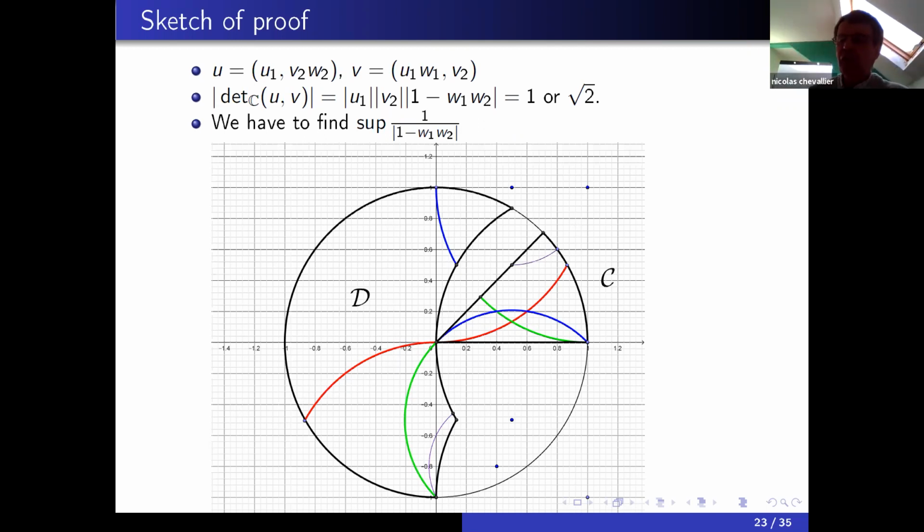Actually, is it just a point or a set of lattices with this property? It must be a set. You can construct a lattice that avoids the open set near this point w1, w2, that avoids the neighborhood.